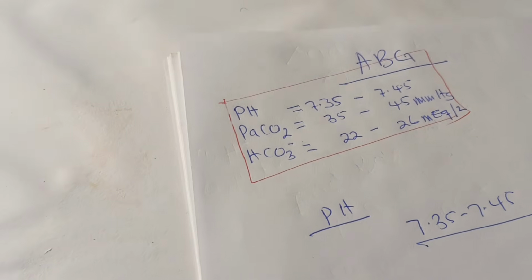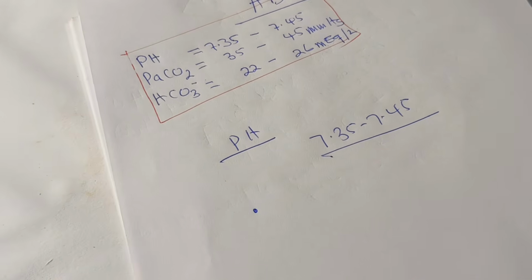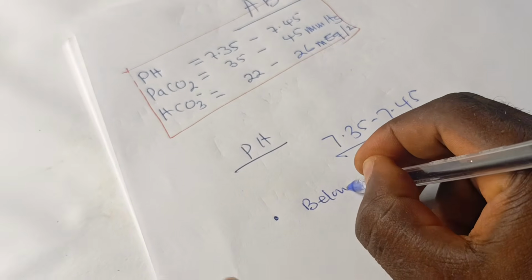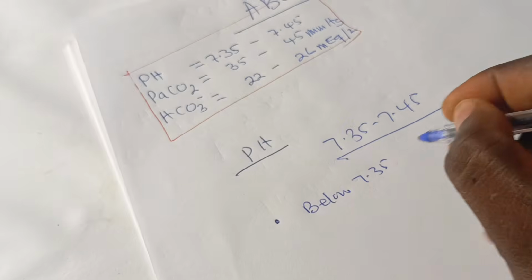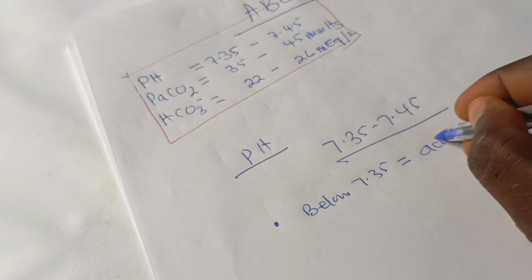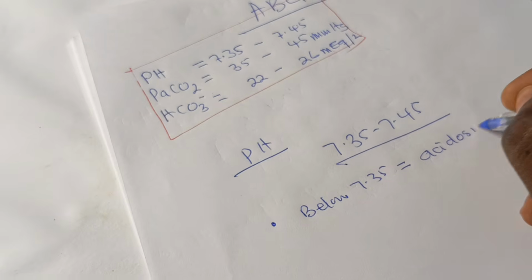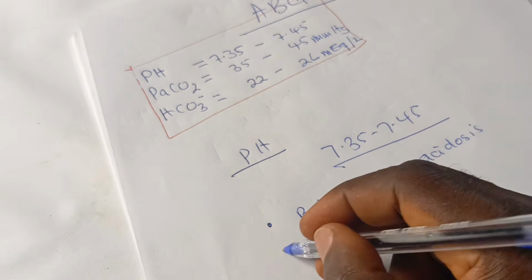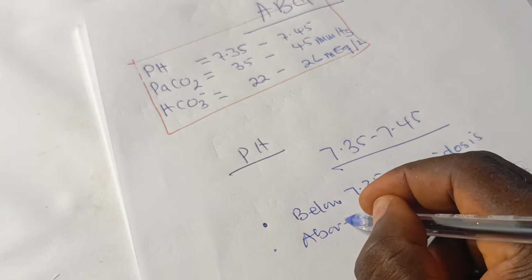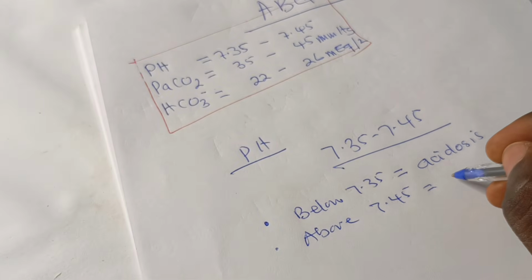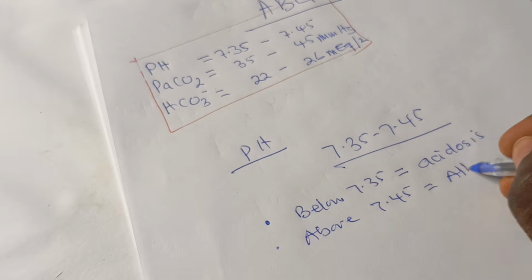If you are given a value of the pH that is below 7.35, it means what? You are dealing with acidosis. You are dealing with a condition or a disorder called acidosis. If it is above 7.45, you are dealing with a condition called alkalosis.